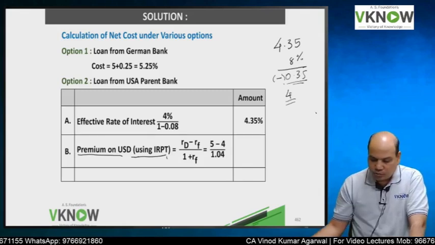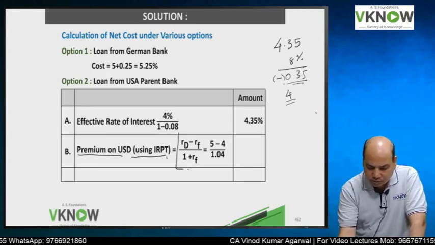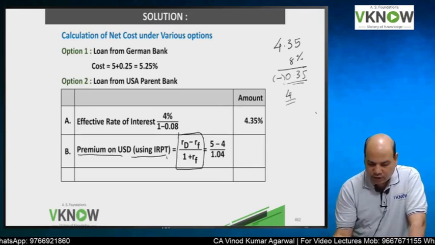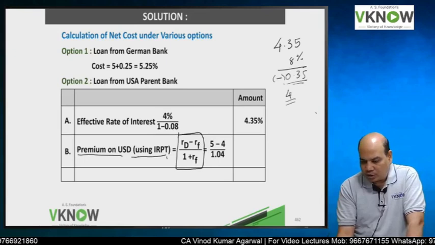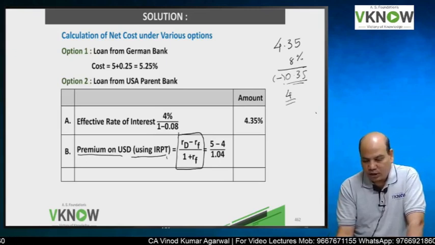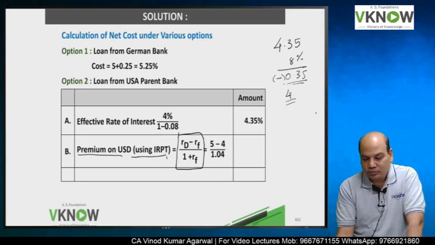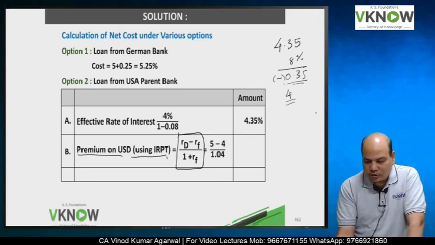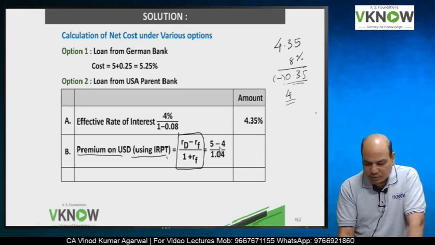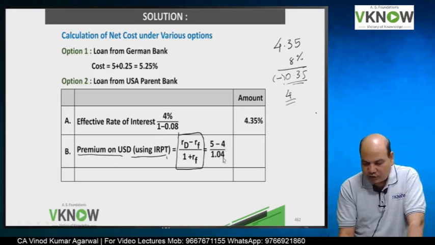So one of the formulae you have learned in the interest rate parity theorem is (RD minus RF) upon (1 plus RF). RD means interest rate in the domestic market, which is 5%, minus interest rate in USA 4%, divided by 1 plus 0.04.